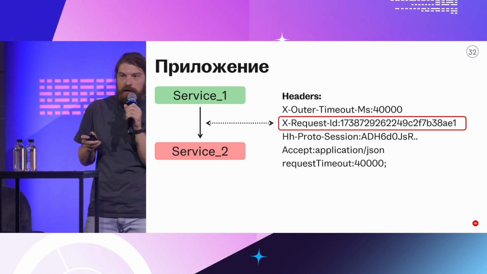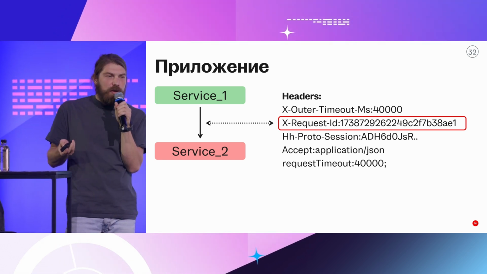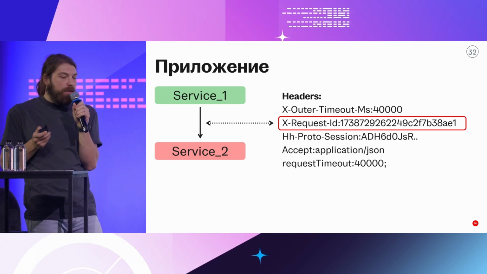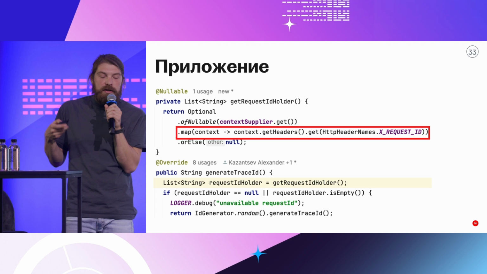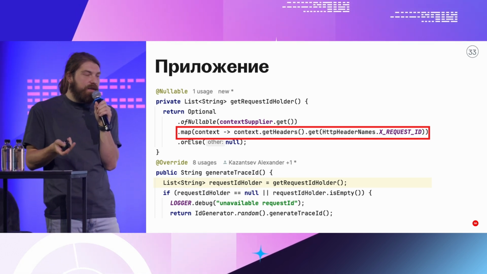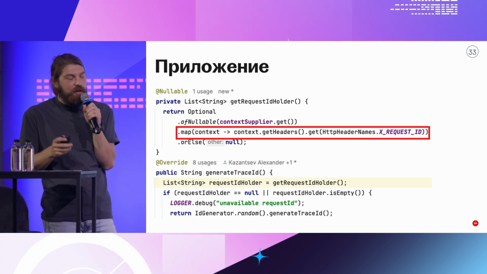So let me now remind you that we had this great request ID that we shared between all apps. It had already been set up, and every app had it in its context. And we thought, why shouldn't we reuse this request ID, by connecting all logs and tracing with the same ID.